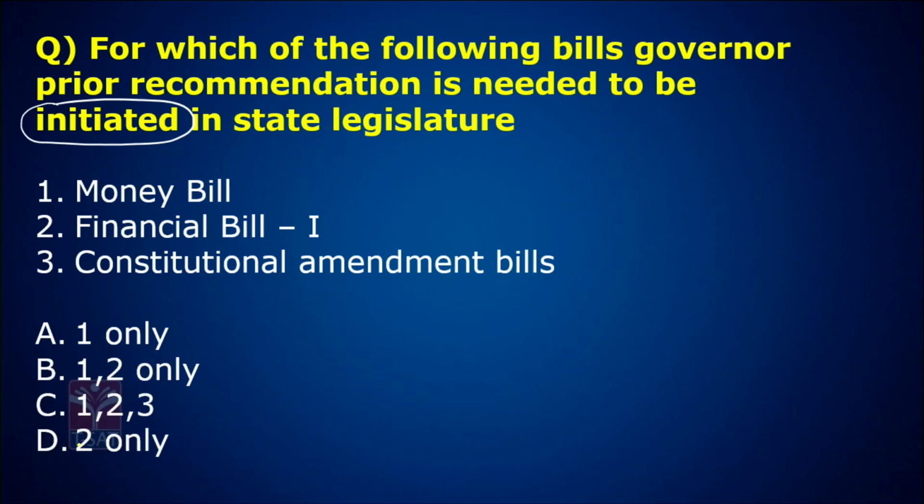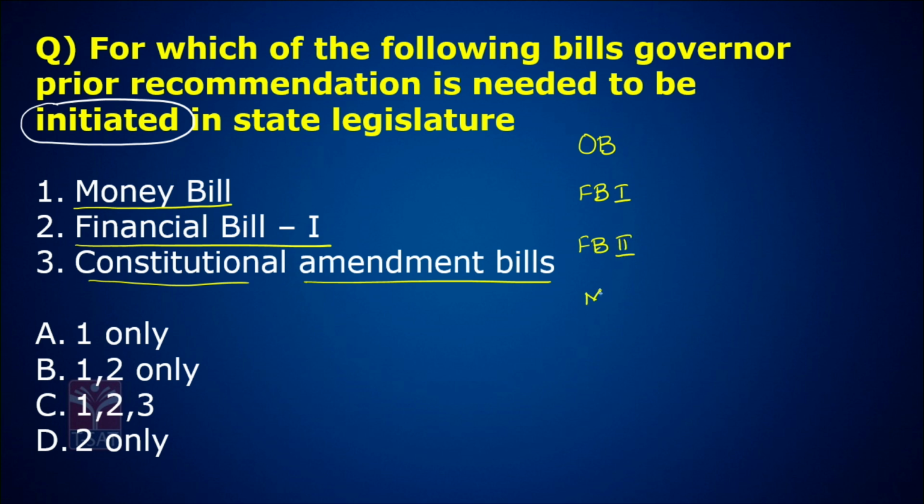Look at the screen. 1. Money bill. 2. Financial bill type 1. 3. The constitutional amendment bills. Okay, so we have different types of bills. What are they? Ordinary bill, financial bill type 1, financial bill type 2, money bill, and constitutional amendment bills.